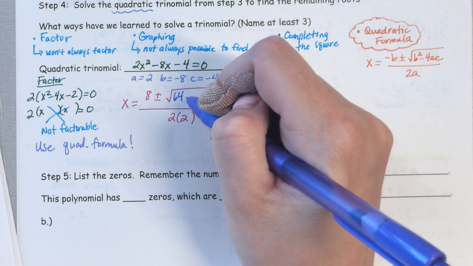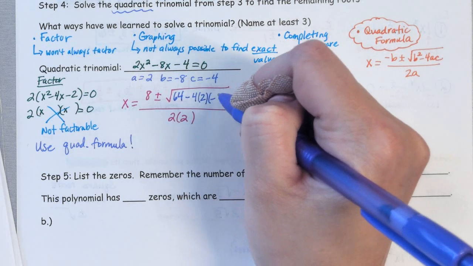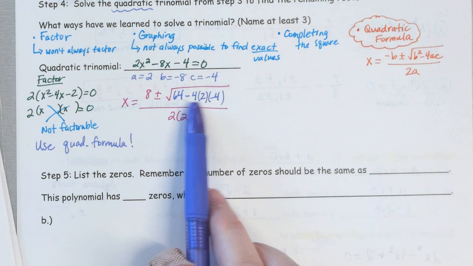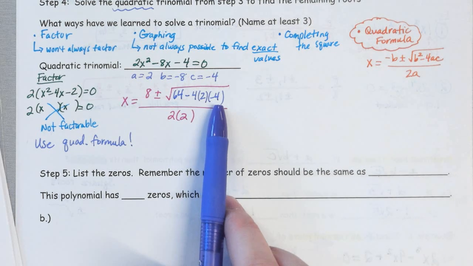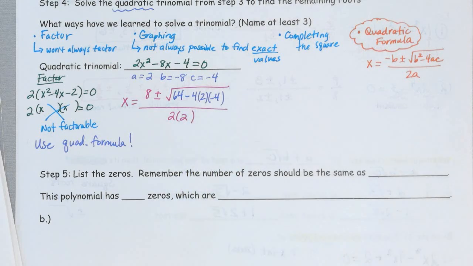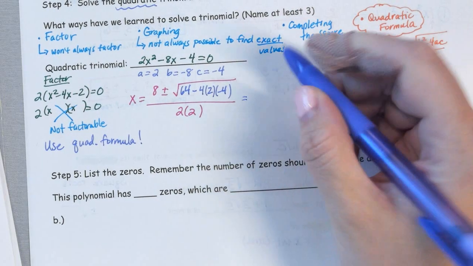So 64 is my b squared, minus 4ac. Now pay attention to your signs here. You have negative 4 times a negative 4, which is going to be positive. So negative 4 times negative 4 is 16. 16 times 2 is 32. And then when you add it, yep.